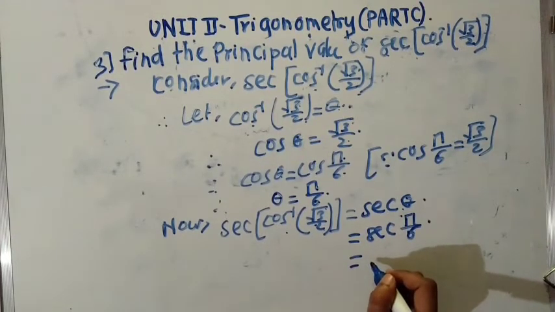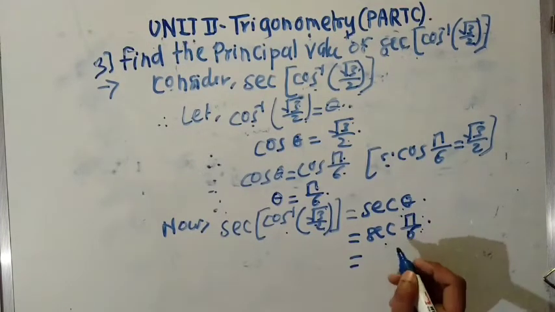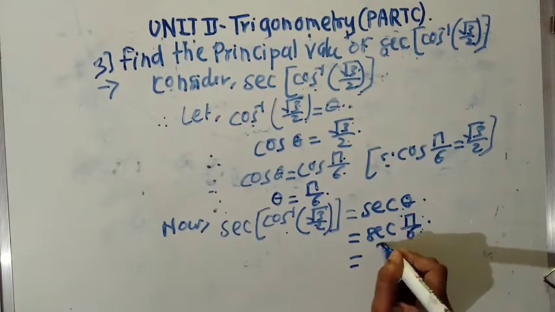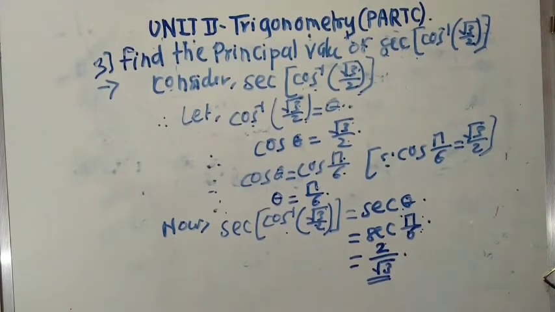But sec 60 degree, means pi upon 6, is equal to 2 upon root 3, and which is the answer.